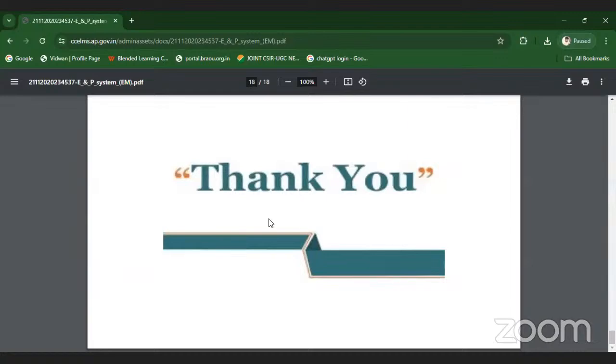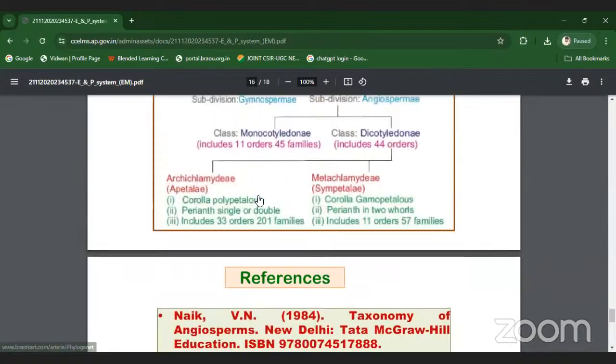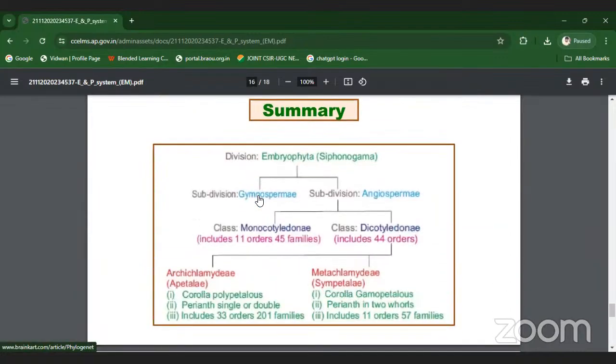So what are the differences between Engler and Prantl and Bentham and Hooker? Take the differences between Bentham and Hooker and Engler and Prantl. First, author wise.